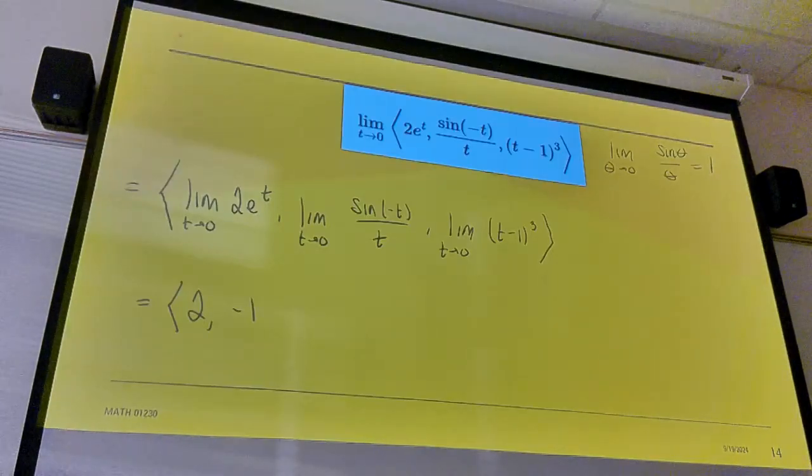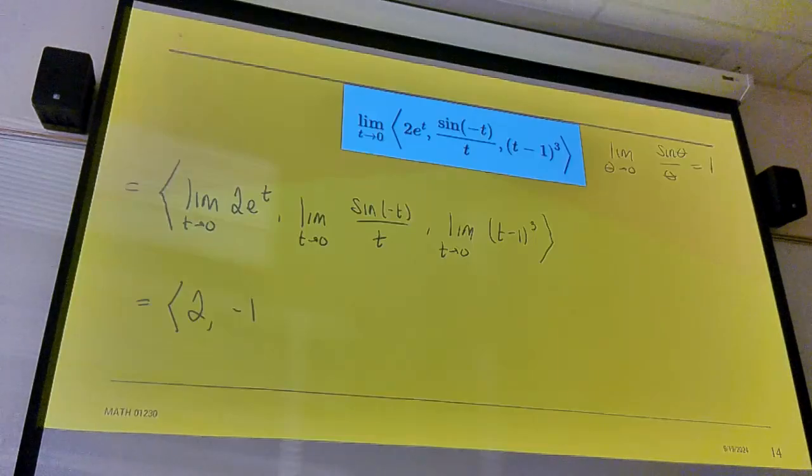Just multiply the denominator by negative 1, and multiply the result by negative 1. Sine of negative t over negative t, that limit is 1. So you know it's negative 1. A lot easier than what we have. You're not incorrect, you just did more work, and I would like to avoid that.